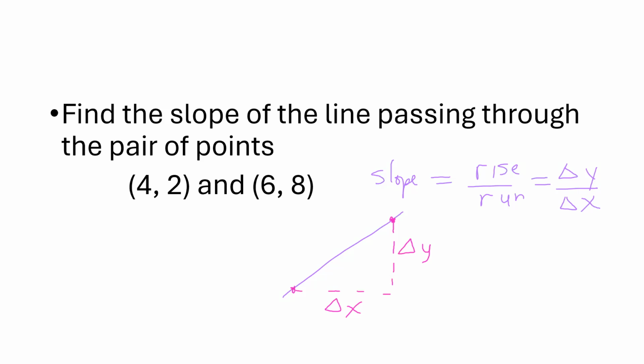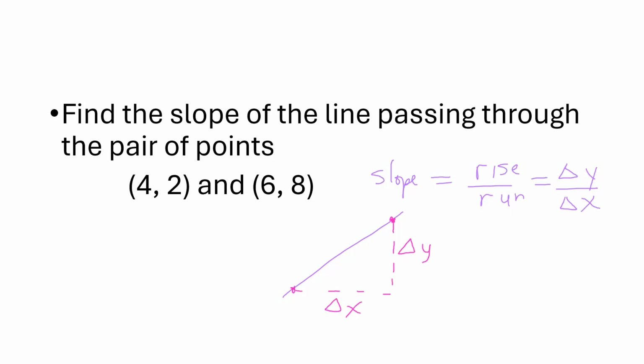Now, in this problem, we are supposed to find the slope of a line that passes through the pair of points (4, 2) and then another point (6, 8). So here we don't have the line, but we've got 2 points that are on the line. So that helps us. Because we have 2 points on the line, we're going to be able to find the slope.